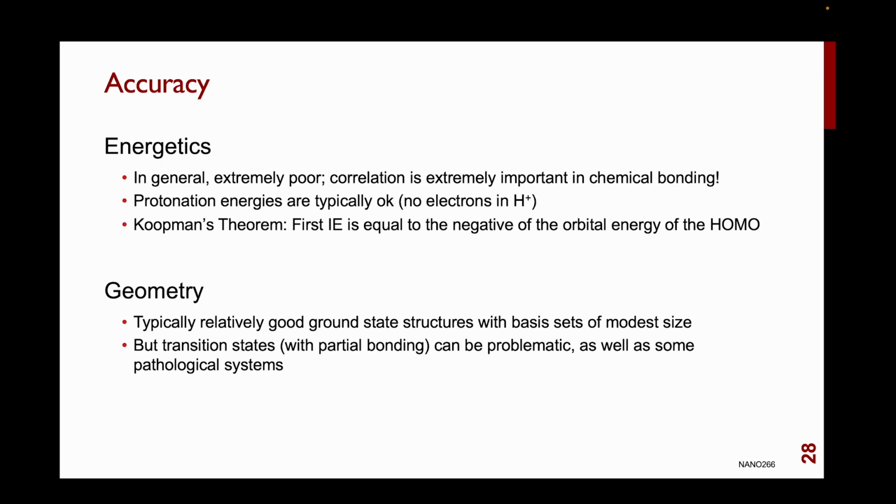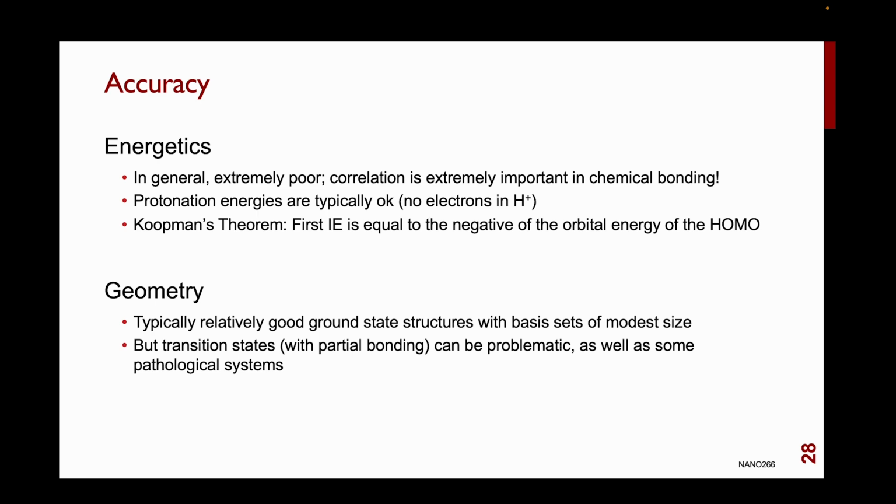Now, despite the fact that your energetics are not that great, the geometry is reasonable. This is somewhat paradoxical, but it's interesting. What this simply means is that even if I don't want to use Hartree Fock for my final energy calculation, I can use the Hartree Fock approach to get a reasonable geometry for my molecules first. Typically the ground state structures are usually quite good.